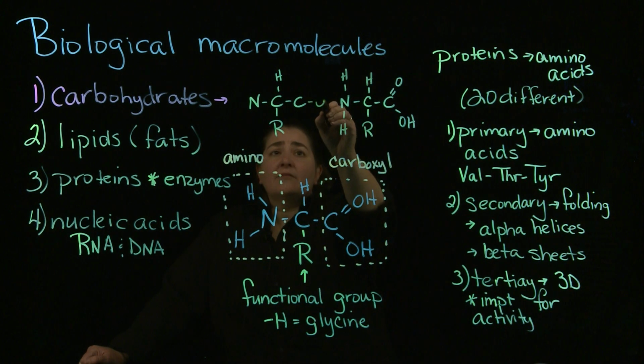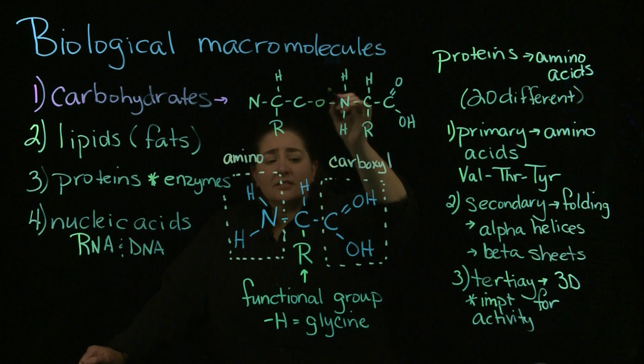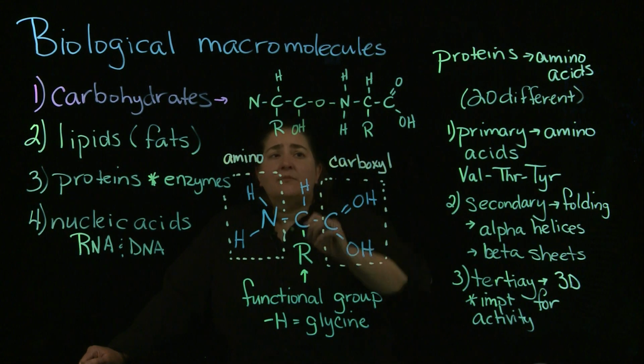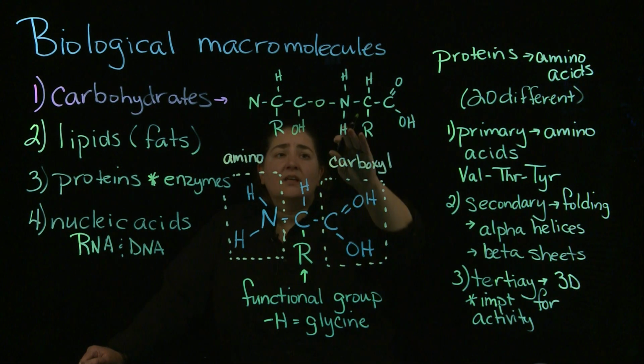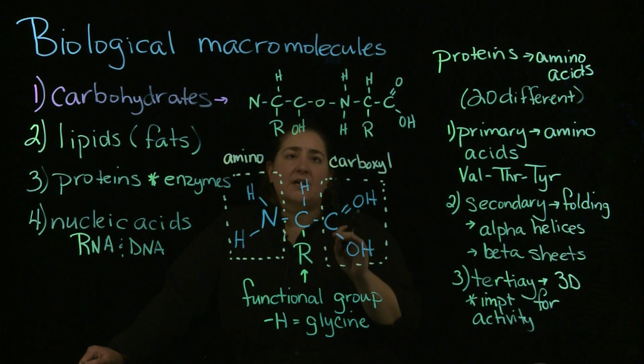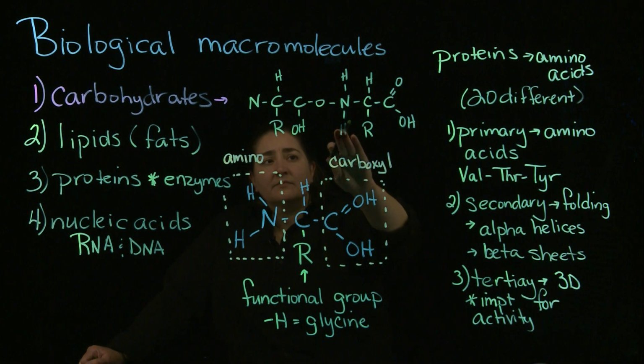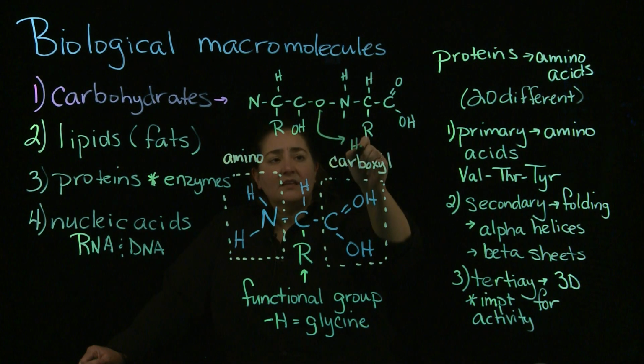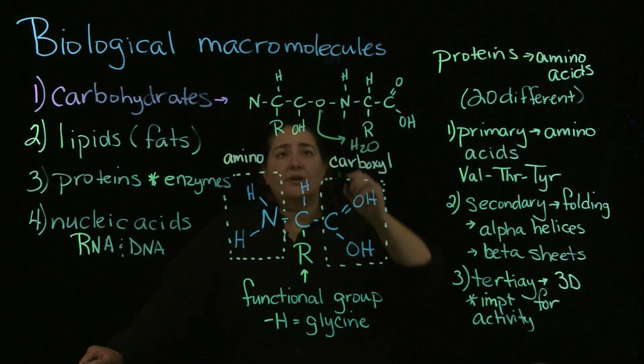And what you're going to have in there is the formation of a peptide bond, all right? And in terms of that peptide bond, what you're going to lose out of that peptide bond is going to be water, okay?